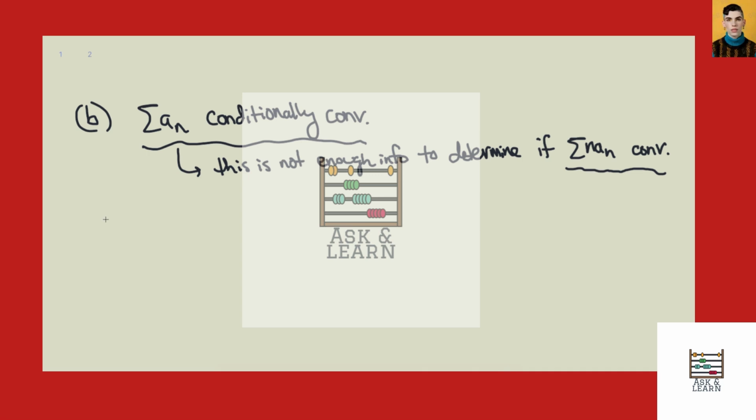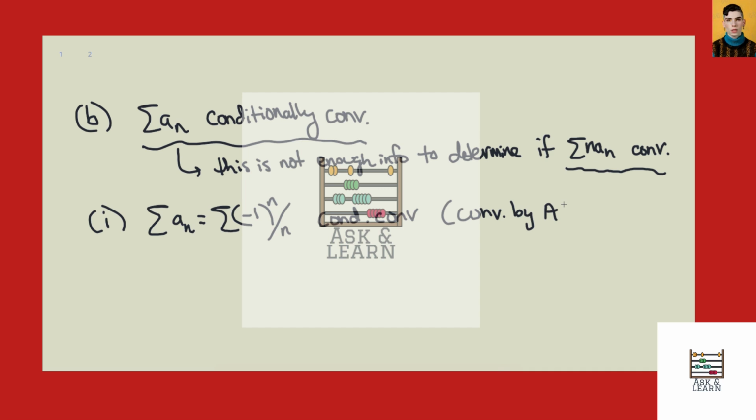So let's look at an example here, part I. In this case, let's define the sum of AN the following way. Now this series is conditionally convergent. You can see that it converges by the alternating series test.